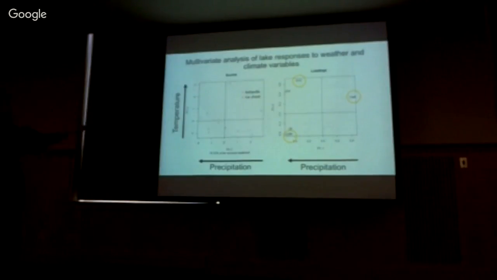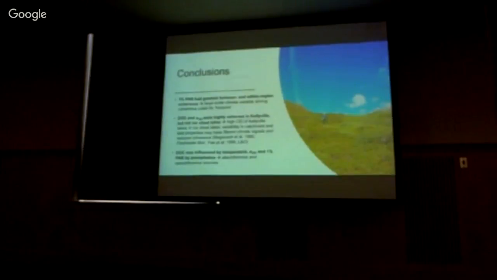So if you take a look at this scores plot, what I want to show here is that the two regions aren't clustering apart from each other. They're pretty well integrated. And then on the loadings plot, you can see how DOC is high up on that temperature axis, and A380 and PAR are at opposite ends of the precipitation axis.